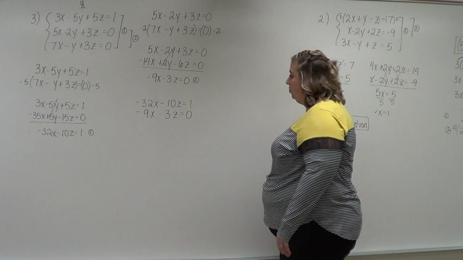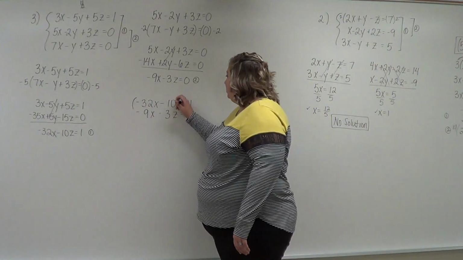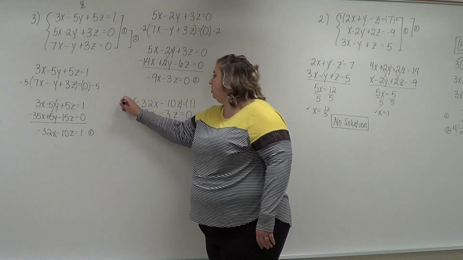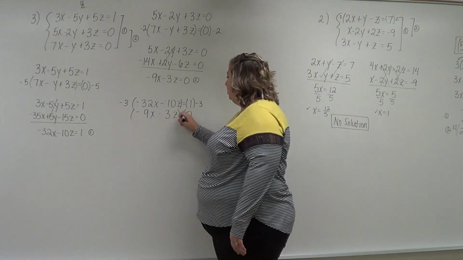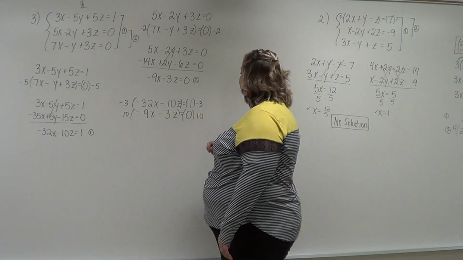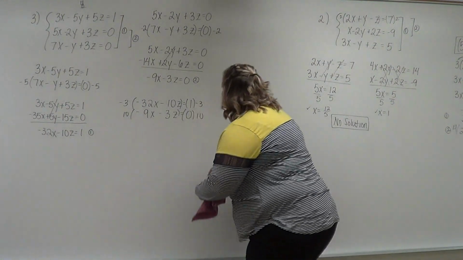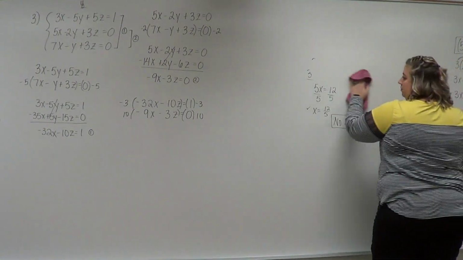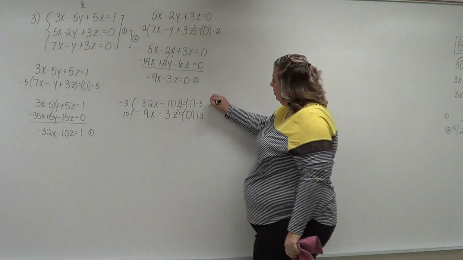So to me the easiest would be to get rid of the z's. So I'm going to multiply the top equation, let's make it +30, so I'm going to multiply by -3. And the bottom equation, I'm going to make it negative, so it's already negative, so I'm going to multiply by 10. So I'm going to carry it up here.